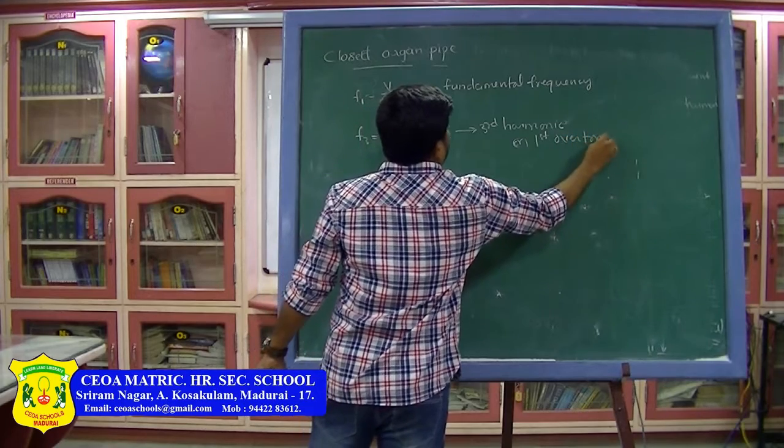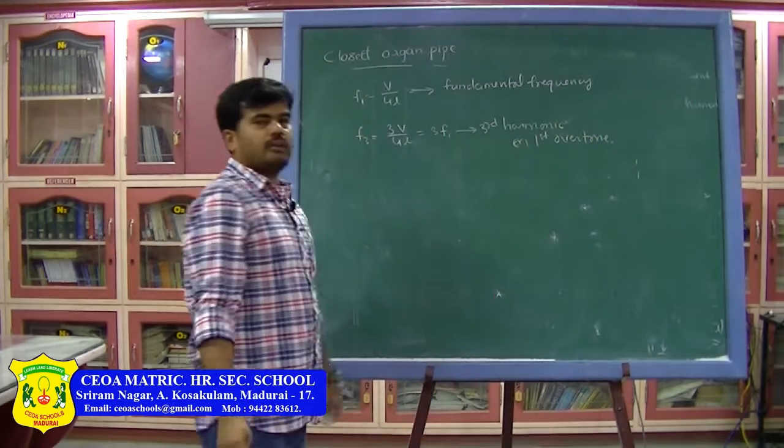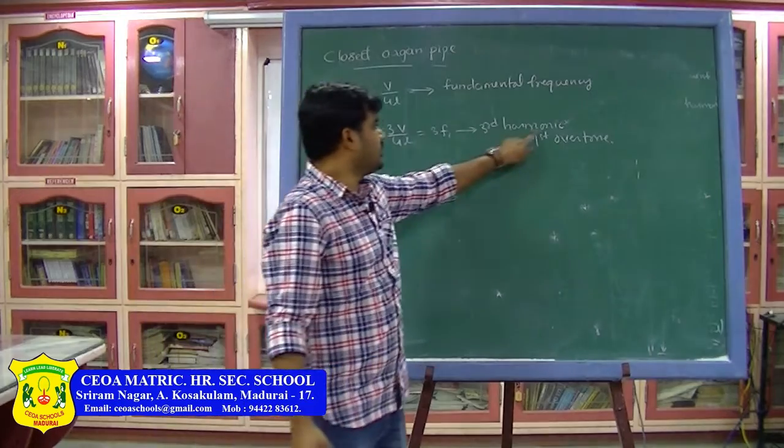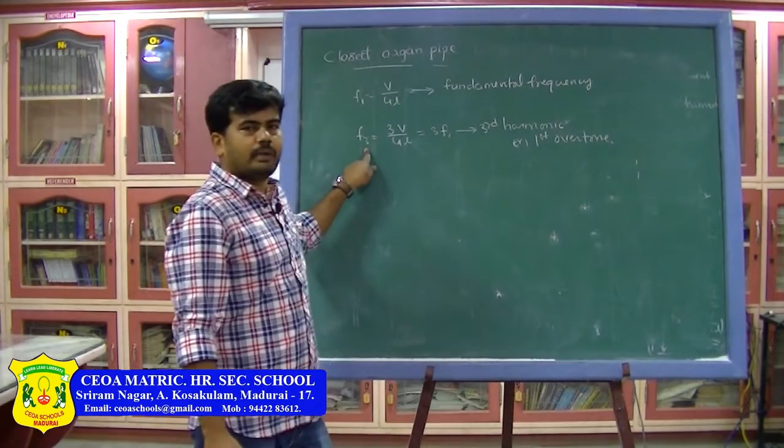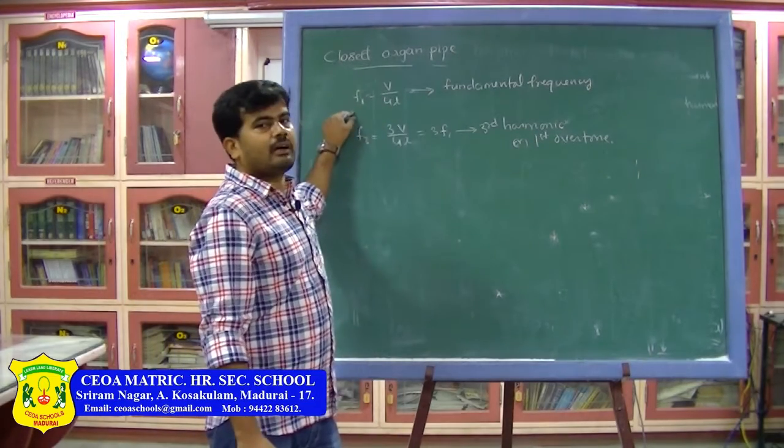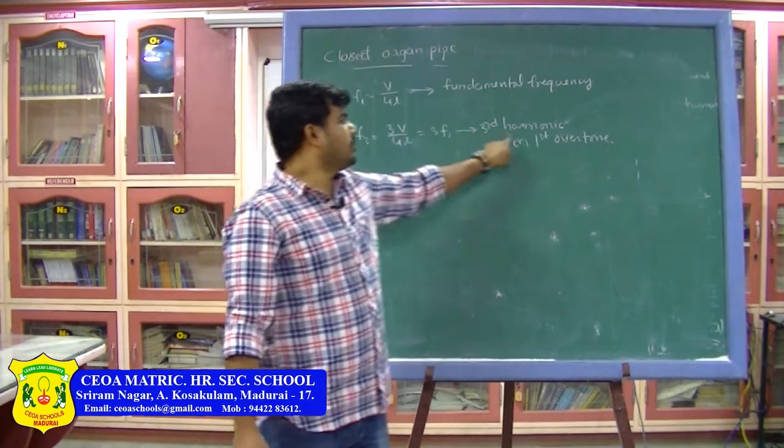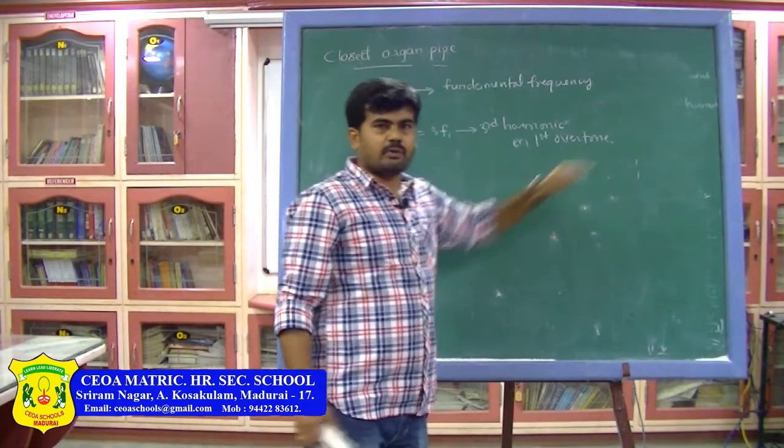So, after the first one, you give the numbers in order to get overtones. That means third harmonic, because only odd numbers are coming, need not mention second harmonic here. So, third harmonic, or it is also known as first overtone.